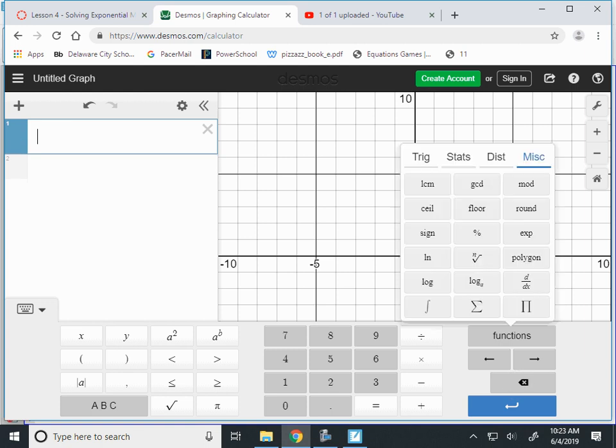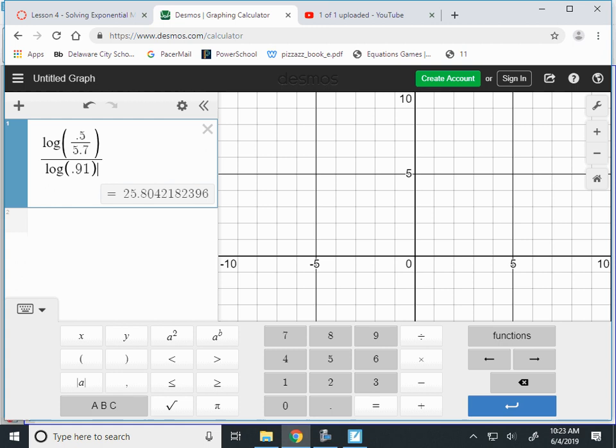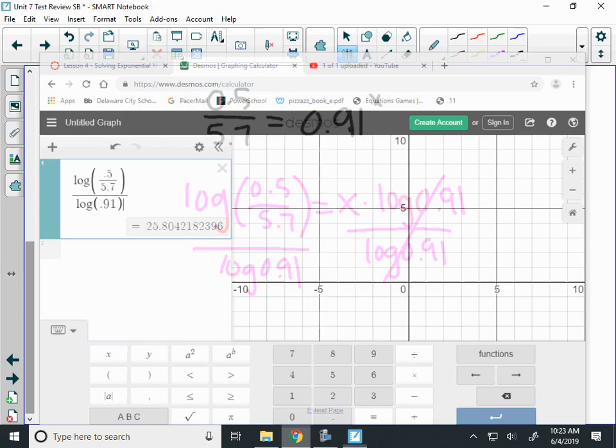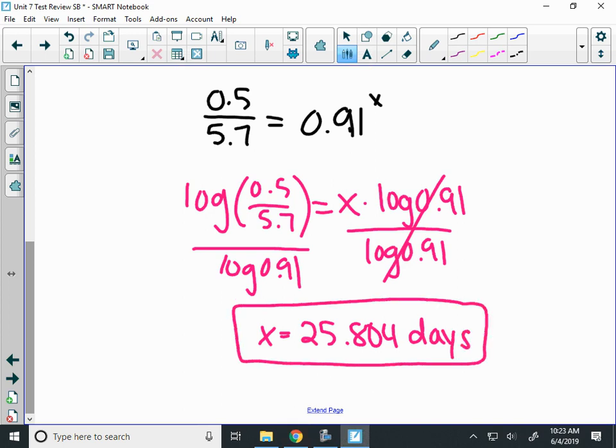Log of 0.5 divided by 5.7, and then I will divide that by the log of 0.91. That tells me that it's going to take 25.804 days until there are less than 500,000 downloads. So it's still a long time. It's going to take 25.804 days until you have less than 500,000 downloads of the Pokemon Go app. So if you started on July 12th, that would be a little bit into August.